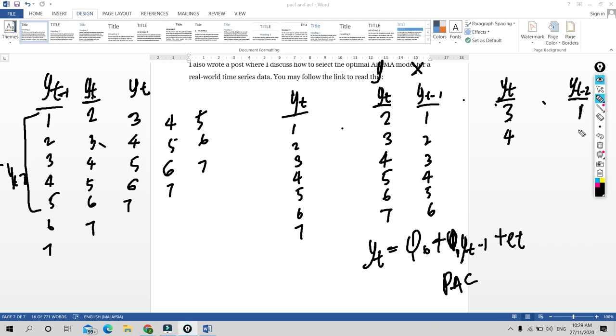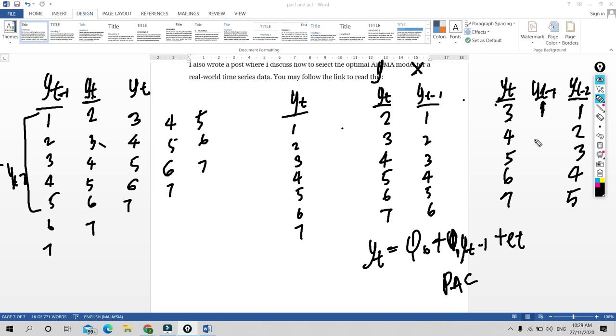Now, if you calculate the multiple regression here, this thing become YT equal to phi naught plus phi 1 YT minus 1 plus phi 2 YT minus 2 plus epsilon t.